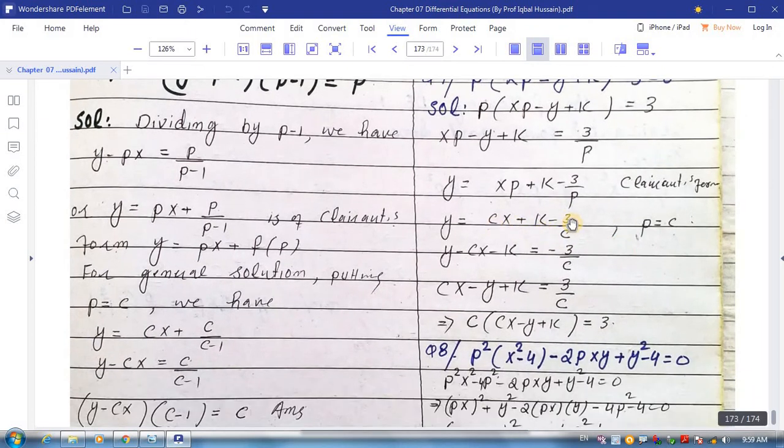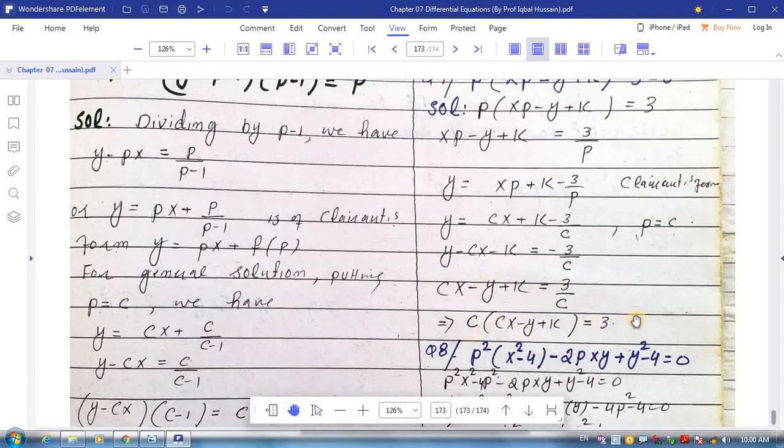This is the general solution. Simplifying this equation, we get y minus cx minus k is equal to minus 3 divided by c. Now multiplying both sides by negative sign, this is the general solution, or further simplifying, multiplying both sides by c, we get this as the general solution.